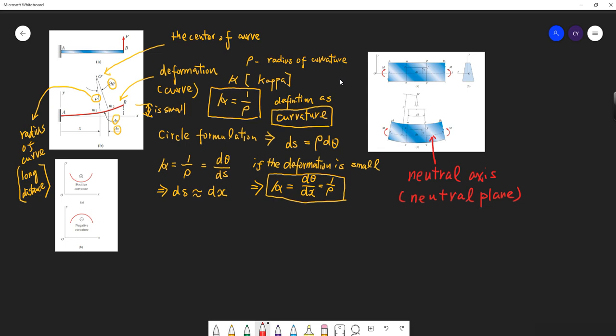Because here is a shortening. Here is extension.